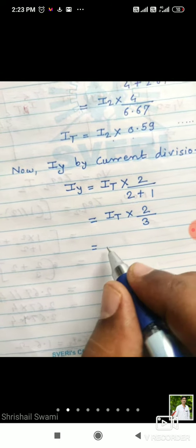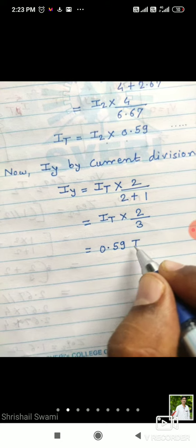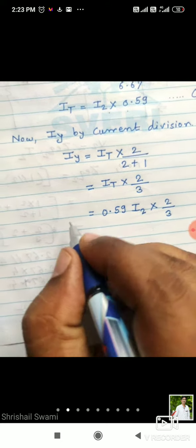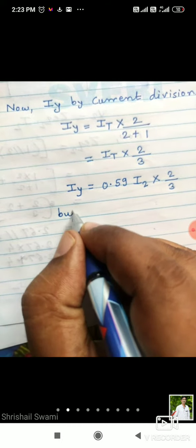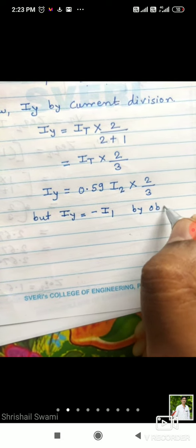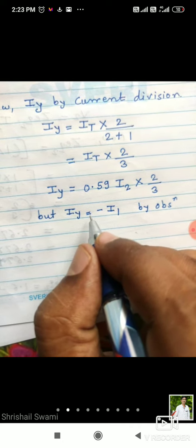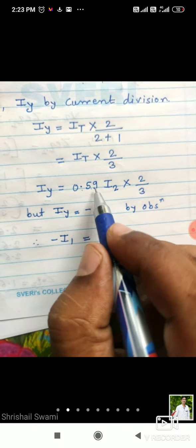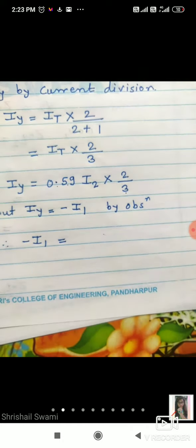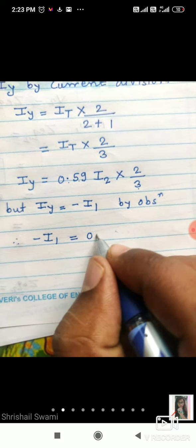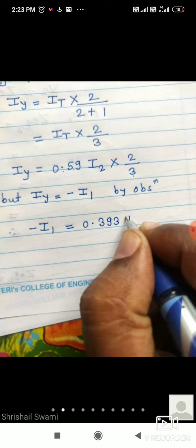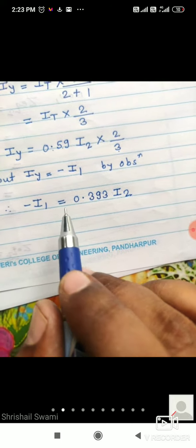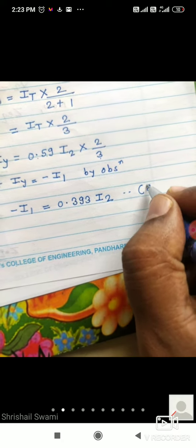IT is nothing but this one, that is 0.59 into I2, into 2 by 3. So this is IY, but IY is equal to what? Minus I1. This is by observation. Both are the same, but because of the minus, the direction is opposite. So minus I1 is equal to, now tell me, 0.59 into 2 divided by 3. 0.59 into 2 divided by 3. It will be 0.393 into I2. Okay, now we got this relation. This is equation number 8. So you got equation number 8.